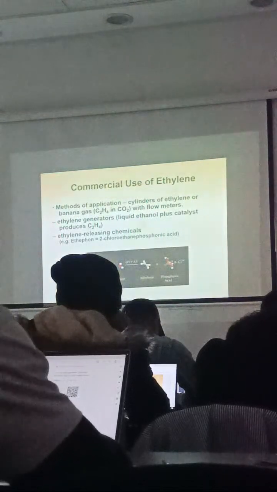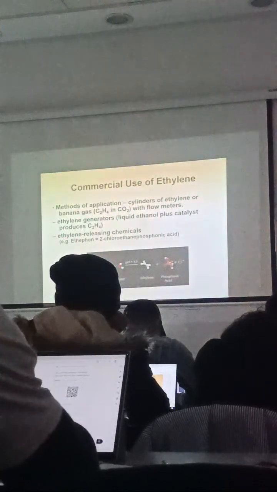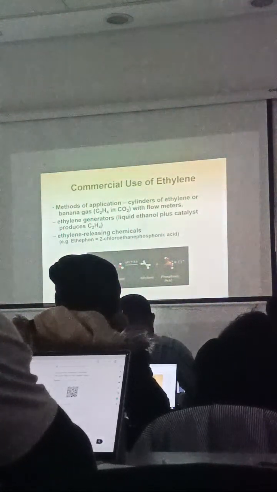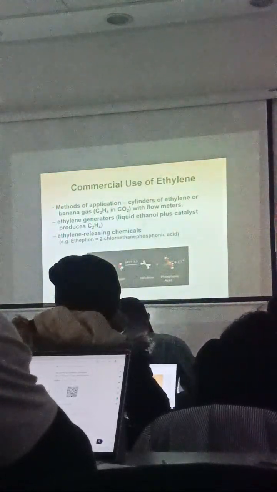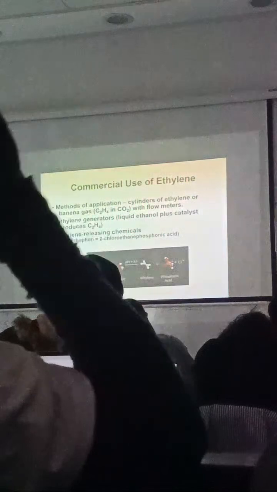There are different colors. The ethylene is the atoms in white. The green one is chlorine. Here there is phosphoric acid, and this is water, 2 H and 1 O. This water breaks down the ethephon and releases ethylene plus phosphoric acid plus chlorine. This ethephon is 2-chloroethyl phosphonic acid, you don't need to know the name, and it releases ethylene.